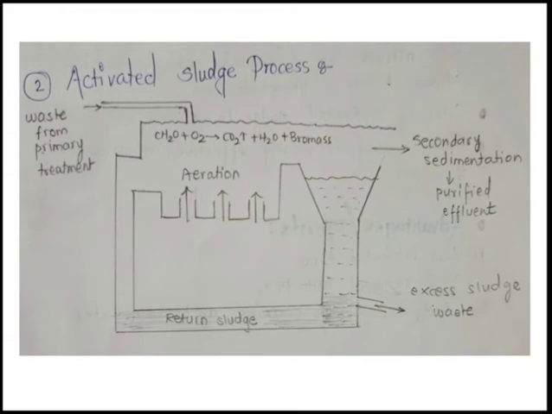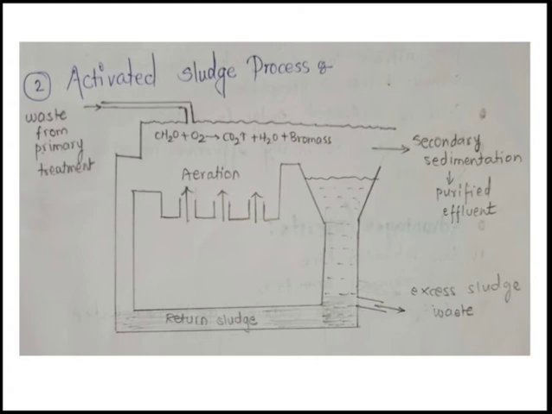So CH2O plus O2, this O2 is bubbled by us. In the presence of oxygen, this organic matter will be converted into carbon dioxide, water, and biomass. This carbon dioxide can be eliminated or evaporated, and some biomass will be there. Here in this process, the water that can be separated comes to the secondary wastewater treatment.